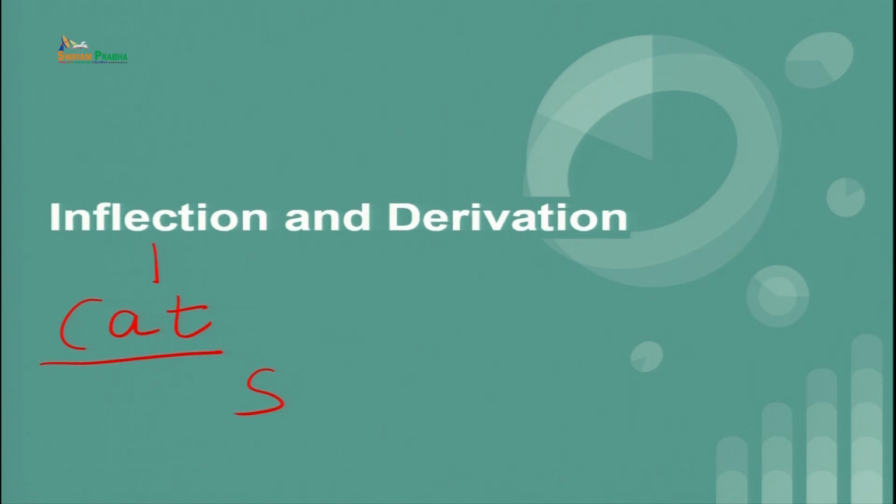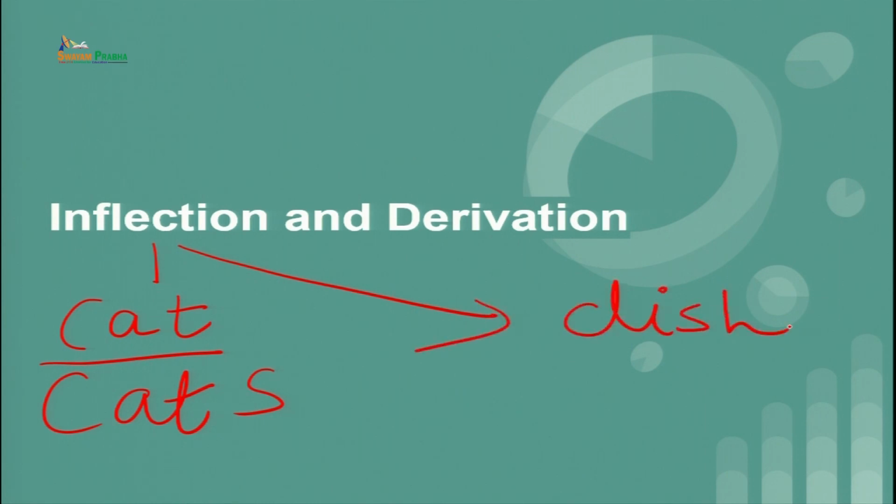So, instead of writing "cat", I will write "cats". Another example of inflection is the word "dish". If there is one dish, you will say "dish", but if you put a plural marker, you will put "es" with it. This means not one in number, but more than one. Therefore, I will complete it by writing "dishes".